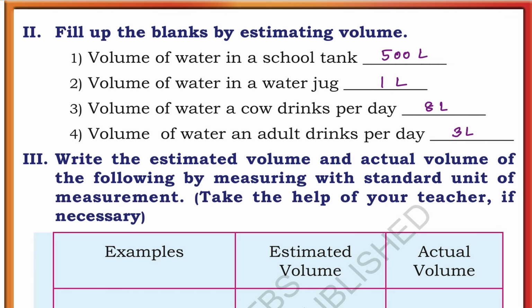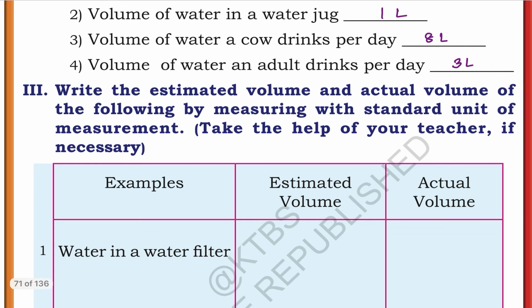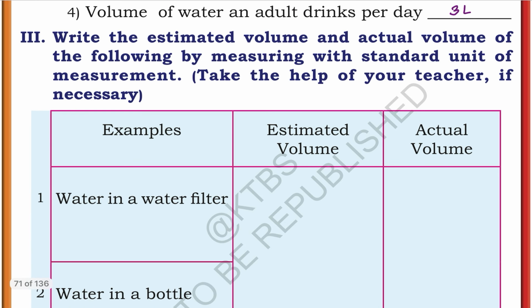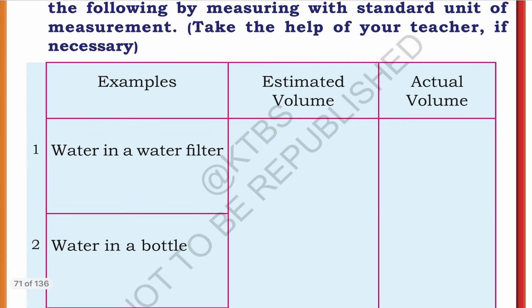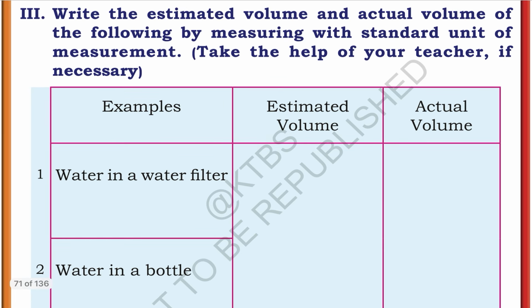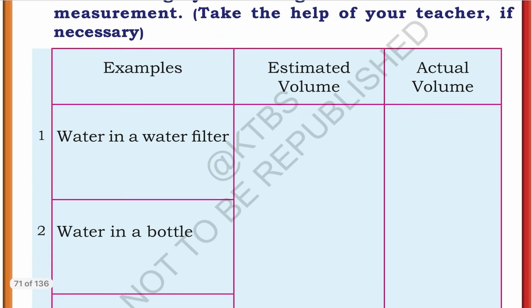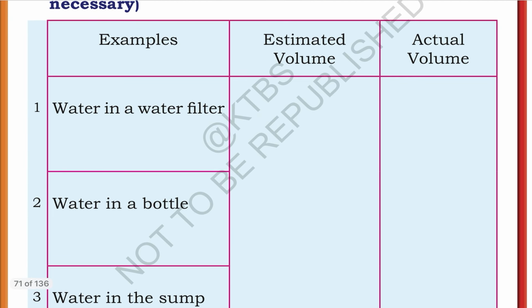Okay. And third, write the estimated volume and actual volume of the following by measuring with standard unit of measurement. Take the help of your teacher. We have to write estimated volume and its actual volume. Here, see water in a water filter.